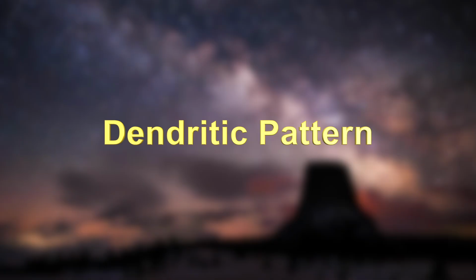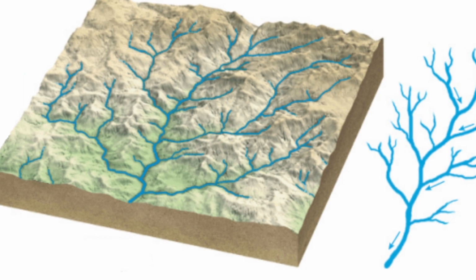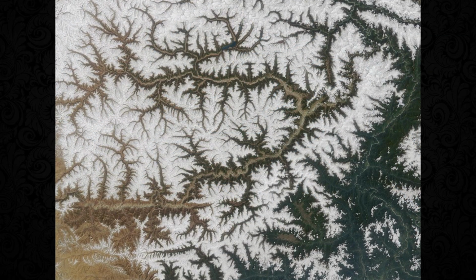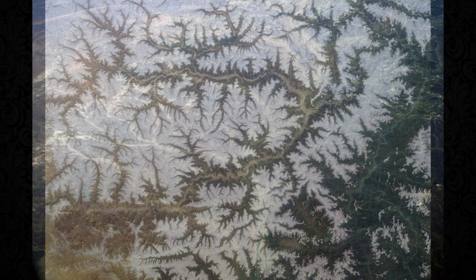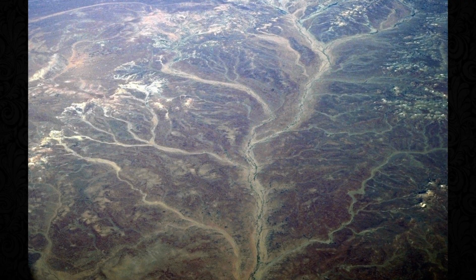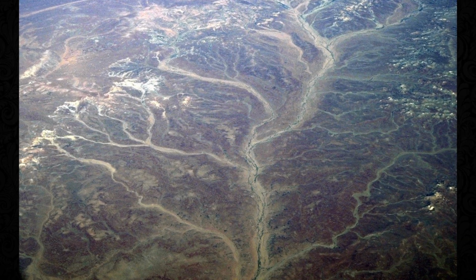Dendritic pattern. Dendritic or tree-like drainage pattern is the most common and widespread drainage pattern. The pattern is called dendritic because the network of tributaries of various orders along with the trunk or master stream resembles the branches of a tree.